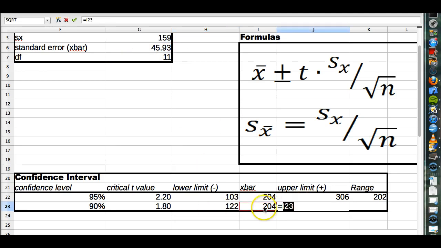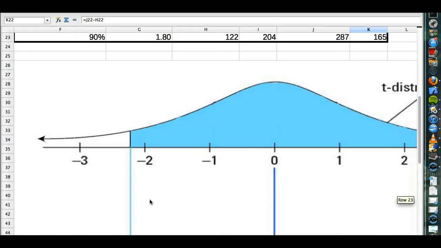Now for the upper limit, well, I select my average right before, plus my critical t-value, multiplied by the standard error. And I get a confidence interval, which is actually smaller than the one I had for my 95% confidence level. And that's because I've been decreasing the amount of probability that is located in between my critical values.